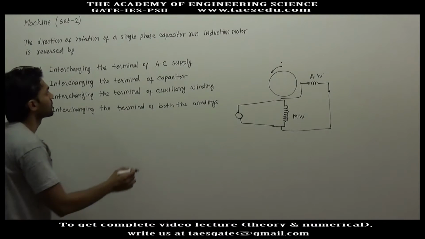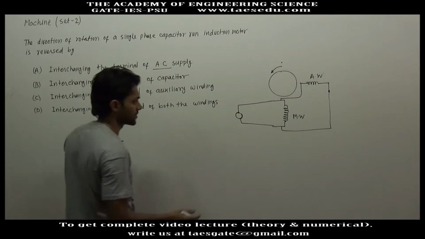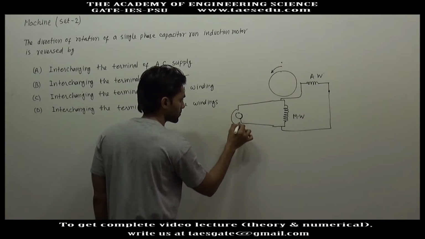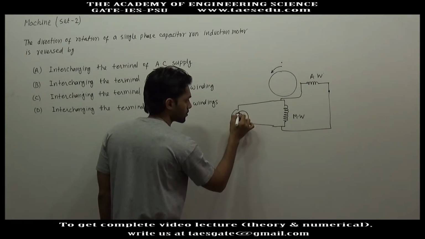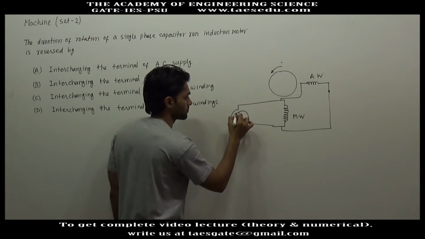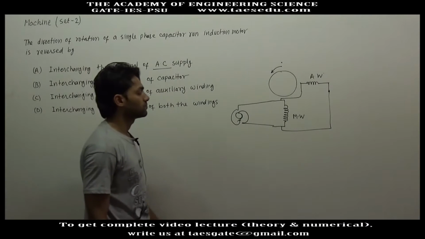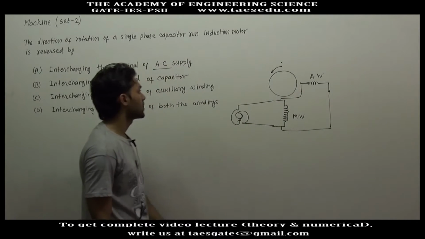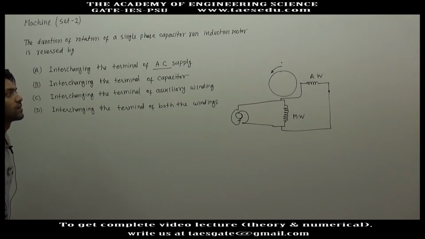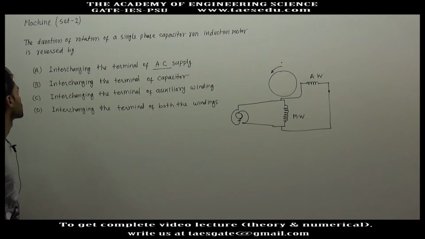So if the connection of AC supply is interchanged, this is connected to here and this part is connected to the upper side of the source. This way the connection of both the windings will be interchanged and the direction of rotation of the induction motor will not be reversed. So this option is wrong.